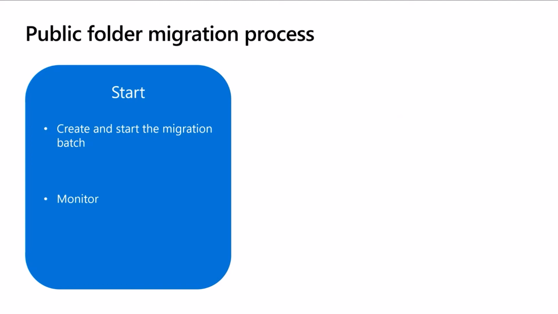Once initial data is copied, the batch status changes to synced. From here on, the migration batch copies the incremental changes from source to Exchange Online once every 24 hours. At this stage, both on-premises as well as Exchange Online users will have access to public folders.